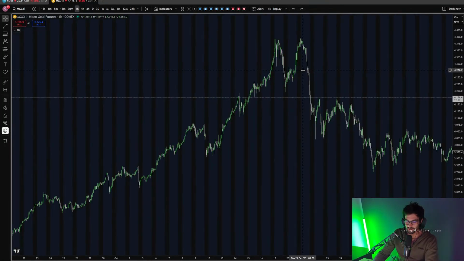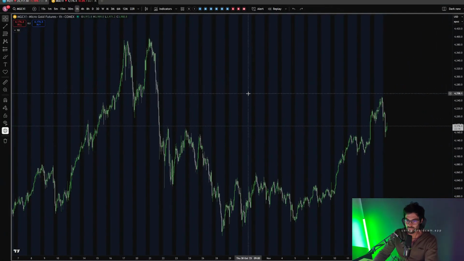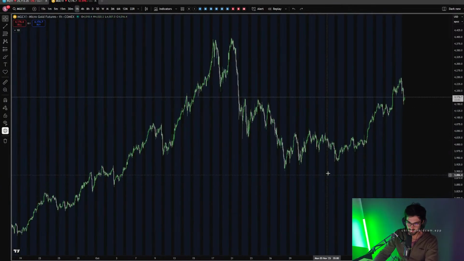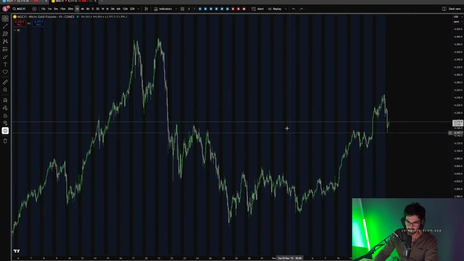All right. Yes, this is market structure 101. Very easy, but very misunderstood and not used properly, in my opinion. It really could guide you in making the right decisions. For example, here we had the same thing.